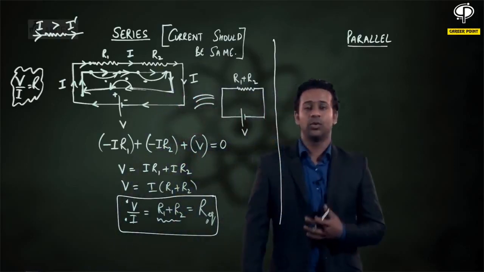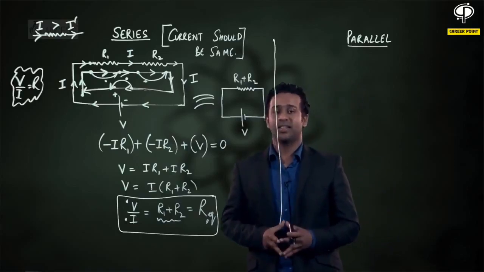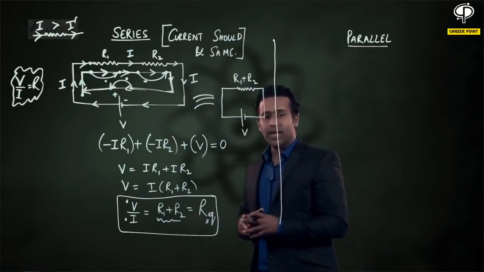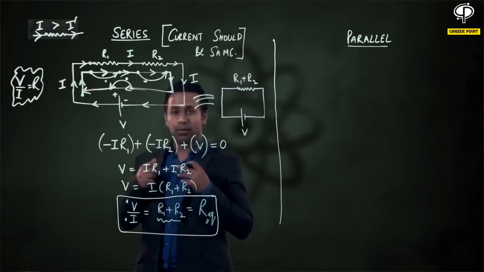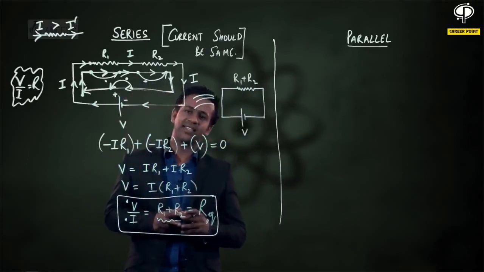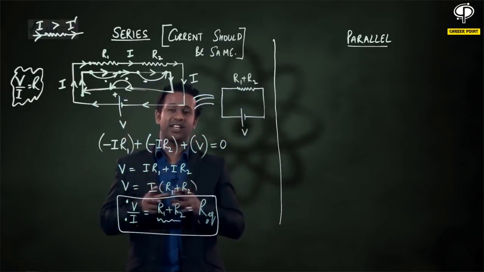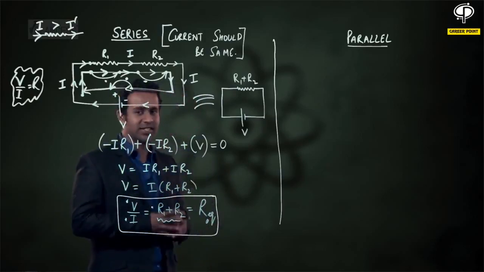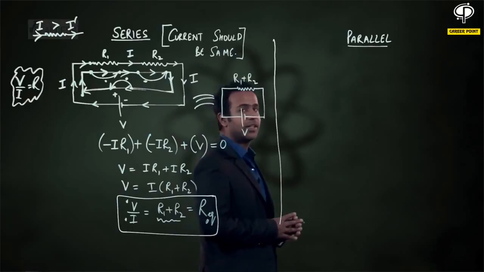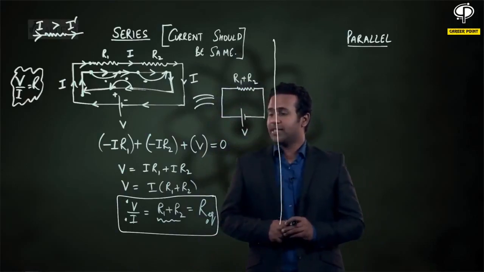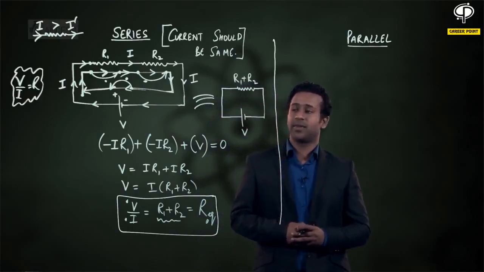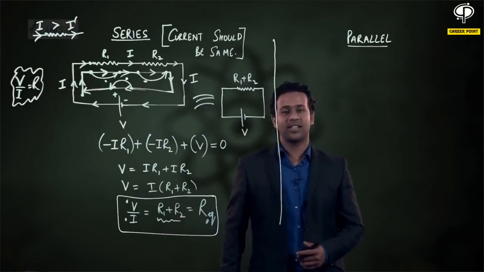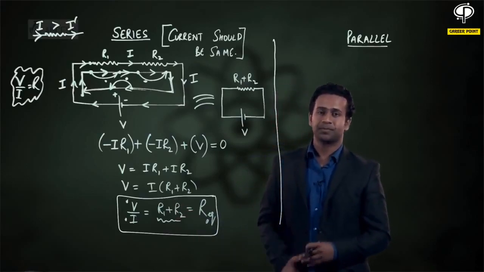So whenever two resistors are in series, that is, the current through them is the same, they can both be replaced by a single resistance which has the resistance equal to the sum of their individual resistances. Right. So this is series combination, and we saw that equivalent resistance is R1 plus R2.